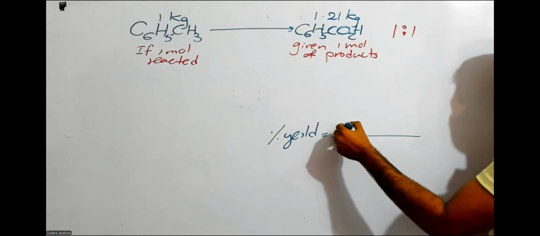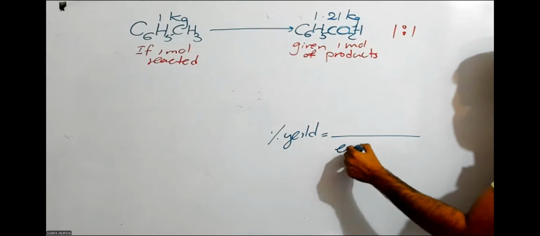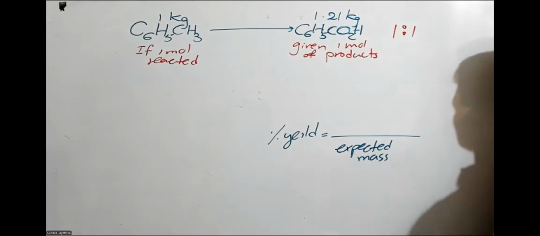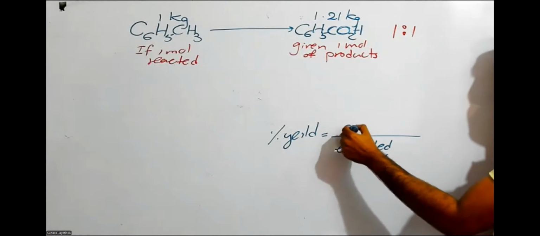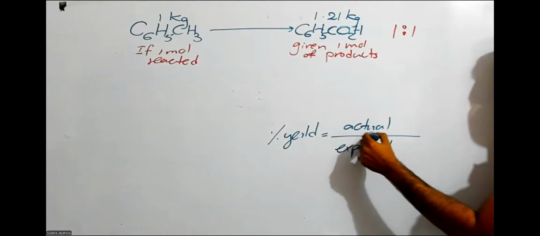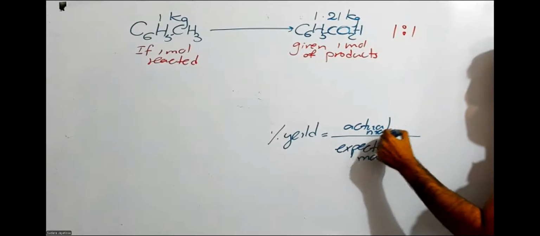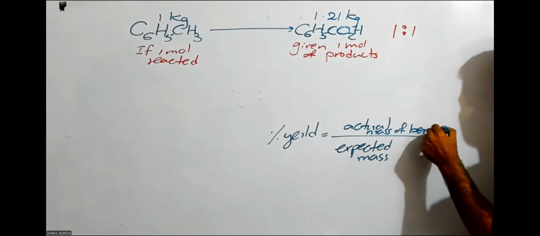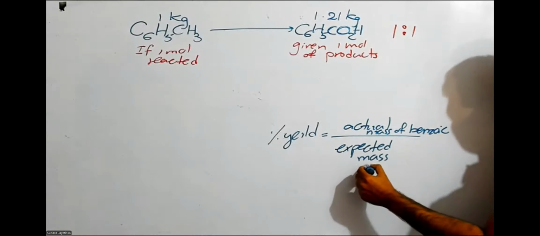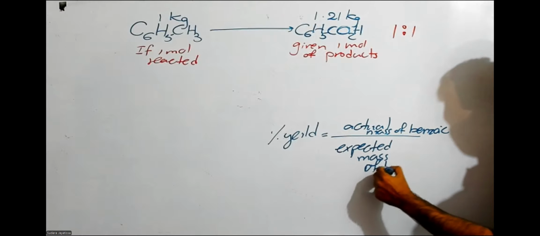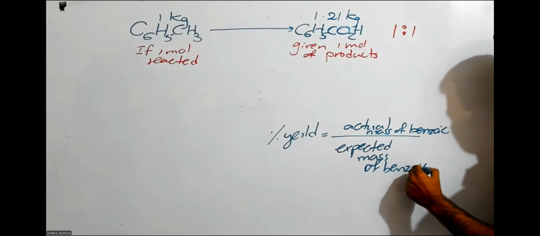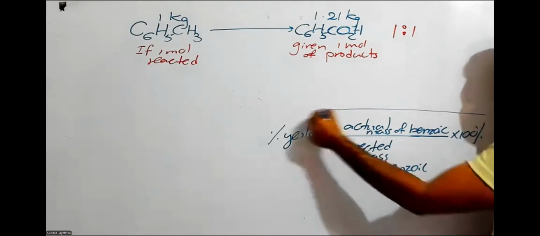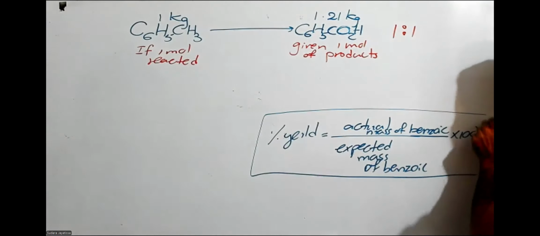The percentage yield is the actual mass of benzoic acid over the expected mass of benzoic acid, multiplied by 100%.